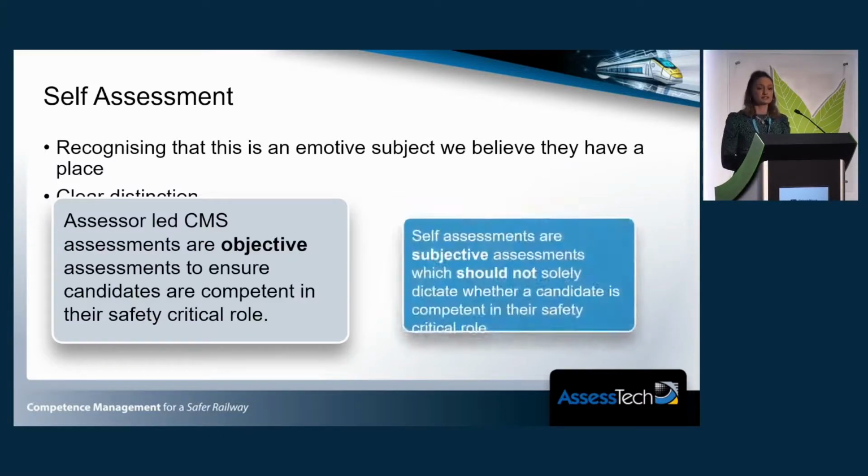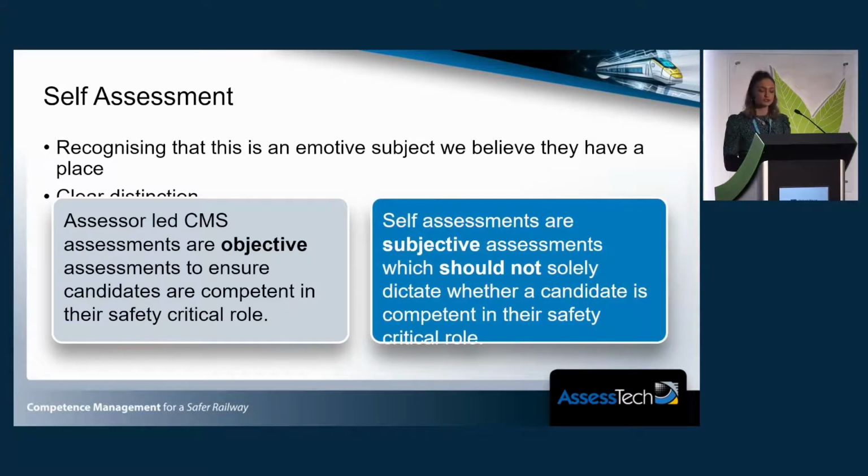Comparatively, self-assessments are subjective assessments which should not solely dictate whether a candidate is competent in their safety critical role. Now, whilst we acknowledge that there are potential pitfalls with self-assessments, it is worth noting that they can be a worthwhile process for not only the assessor, but also the business as a whole. And we recognise that there are differing standards with our customers, and we are keen to develop this into a configurable feature.